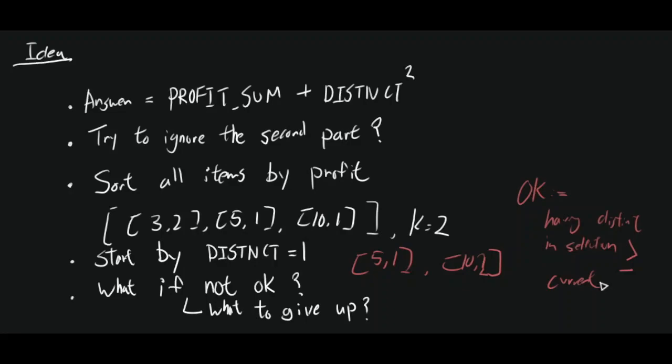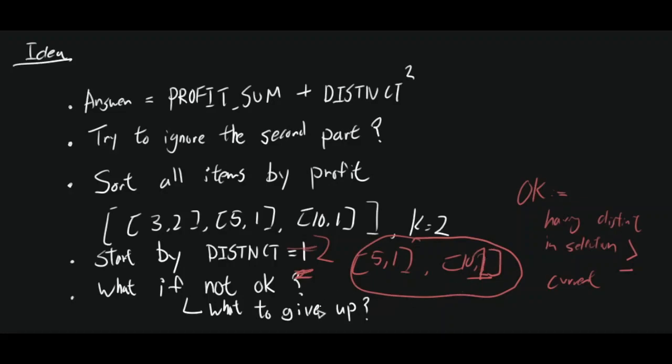So if we are trying to apply distinct equals 2, then the original selection here, 10, 1, will not be okay because we cannot apply distinct equals 2 in it. Basically, we cannot sum 5 and 10 and plus 2 square on it because it doesn't work.